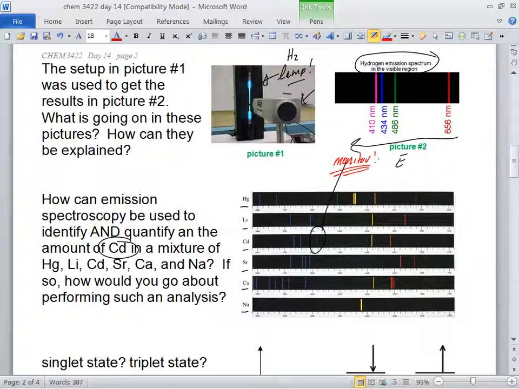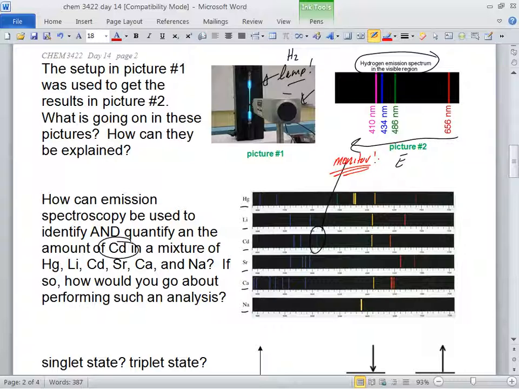It's going to be 500 or something. It's green. What could you do? Andy, you have an idea? Can you do some sort of calibration curve? Exactly. Make a calibration curve. Make a bunch of cadmium standards, put them all in the instrument, plot it out, put in the unknown, and all you're looking at is this one single line. It's just that it's emission and not absorption. Big whoopee.